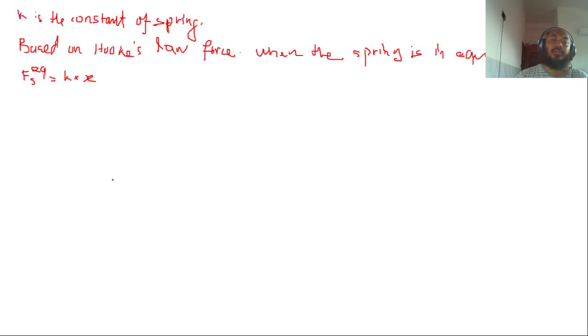The force at equilibrium is equal to the weight, 4.9 Newton, and X is equal to 0.49 meter.